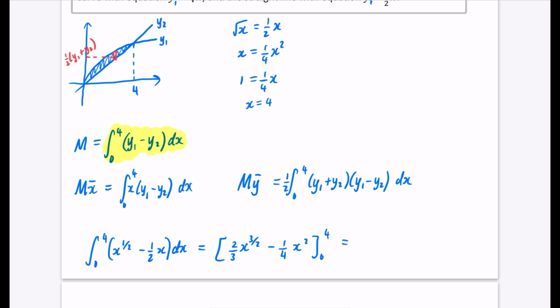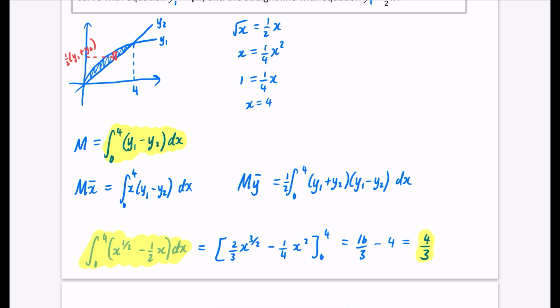I only need to substitute in the 4. 4 to the power of 1.5 times 2/3 is 16/3, minus 4 squared divided by 4, which is 4. So that's 16/3 minus 4, which is 4/3 for the part we've got in yellow there.